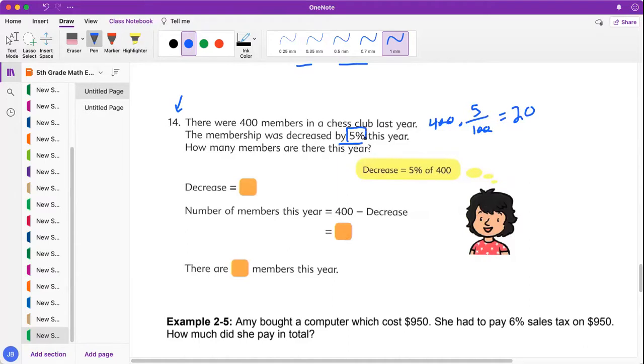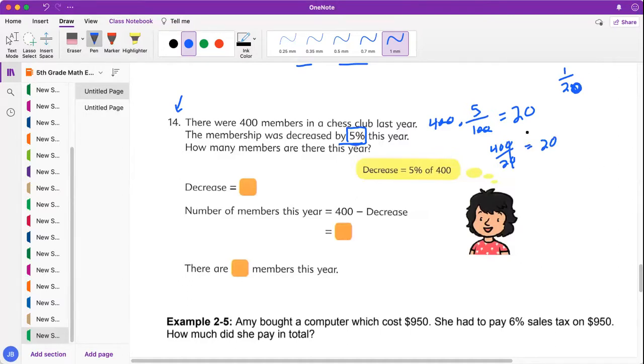So 5% of 400 is 20. But if you changed 5 over 100 to 1 over 20, then you can do 400 and divide that by 20. And you should still get 20 if you do it that way. Is that what you meant?